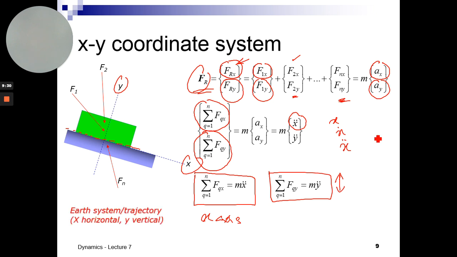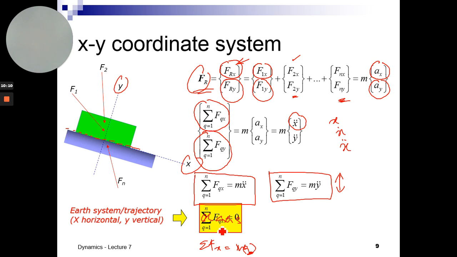In a trajectory system with X and Y vertical, the total forces acting at the X axis have nothing to do with gravity. So the total force acting at the X axis is ma, where the acceleration is zero because the gravitational force is zero at the X axis.